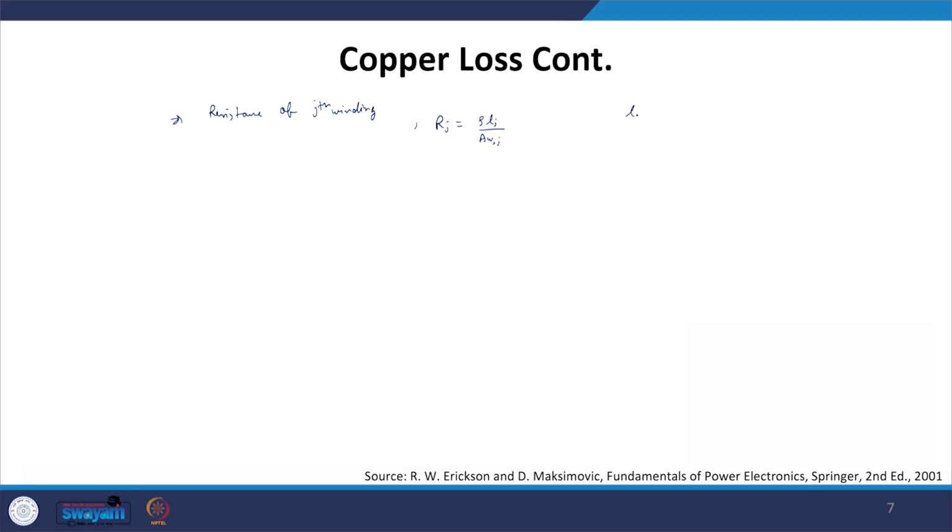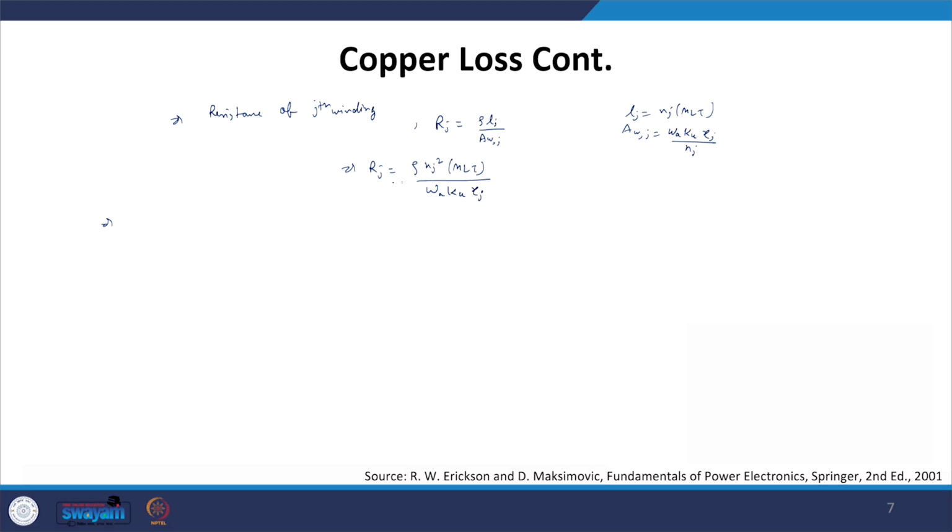Now we know that Lj is nothing but Nj times MLT, and we know that AWj is nothing but WA Ku gamma j by Nj. So we can then write our Rj value to be equal to rho Nj square times MLT divided by window area WA times Ku times gamma j.